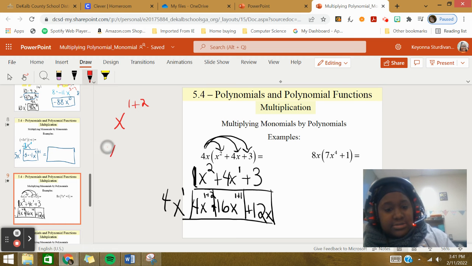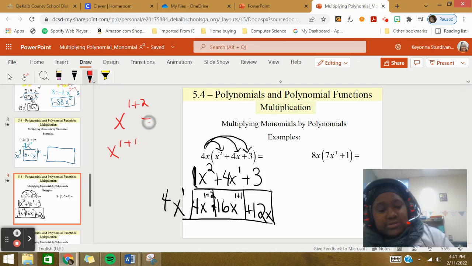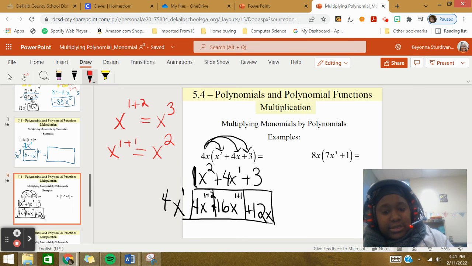We have x to the 1 plus 1. Okay? So on this first one, we'll actually get x to the third. And on the second one, we'll get x to the second power. Okay? So our final answer for this example will be 4x to the third power plus 16x squared plus 12x.